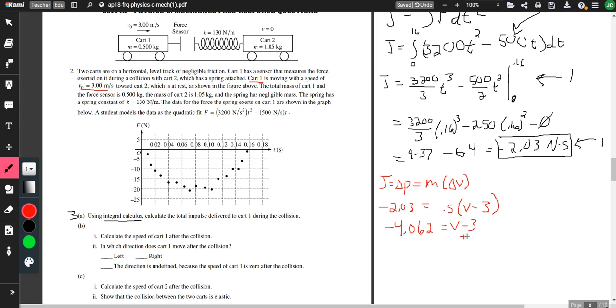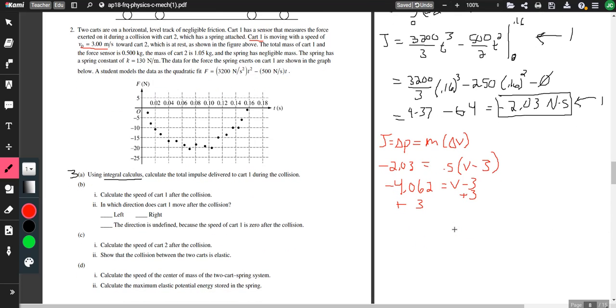I could add the 3 over to the other side, and I end up getting negative 1.06. This is going to be meters per second.